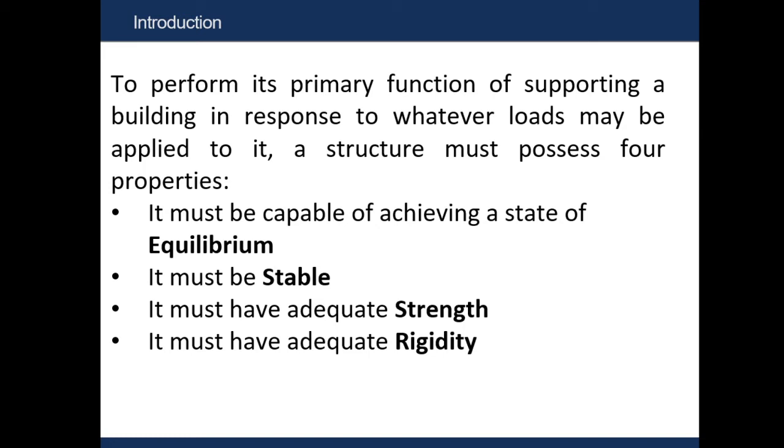Equilibrium means the summation of forces will be zero. We will see it on the next slide. Our second property is that it must be stable. The third is that a structure must have adequate strength to carry the load. And the fourth is that it must have adequate rigidity.